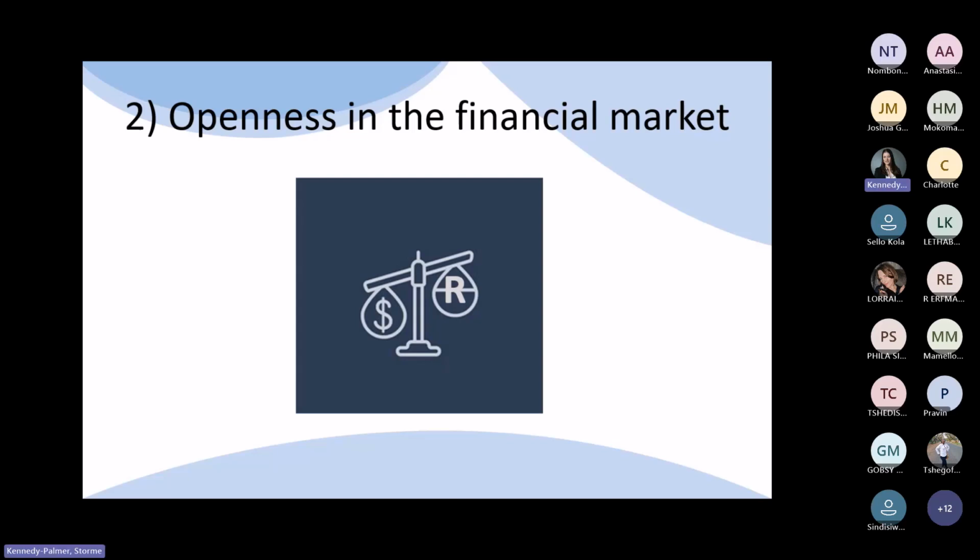A country's balance of payments records all economic transactions between the residents of the country and the rest of the world over a given period. It consists of the current account, which tracks trade in goods and services, income from abroad, and transfers. And then you've got the capital and financial account, which records the capital flows, the foreign investments, and the financial transactions.